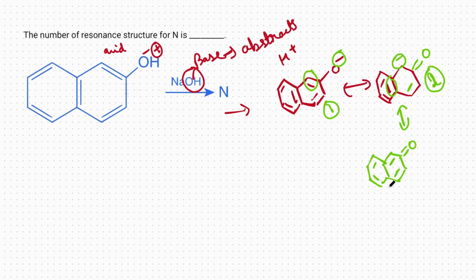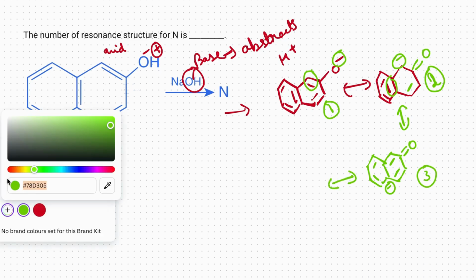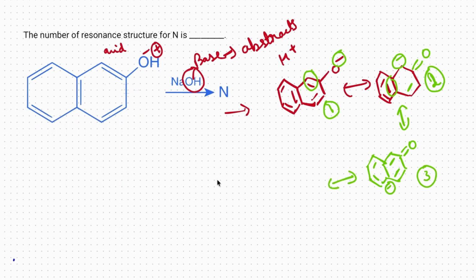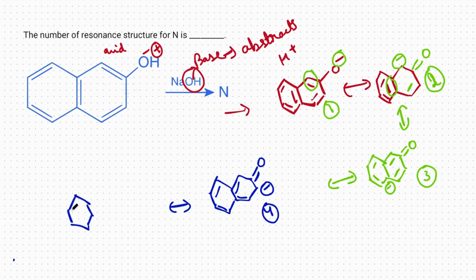This is 1, 2, and this one which we are drawing is the third structure. Now the negative charge is shifted to the downward adjacent carbon atom as shown. Now next we draw the fourth one. In the fourth one, the negative charge is shifted to the alternate. Now again it will be in conjugation.